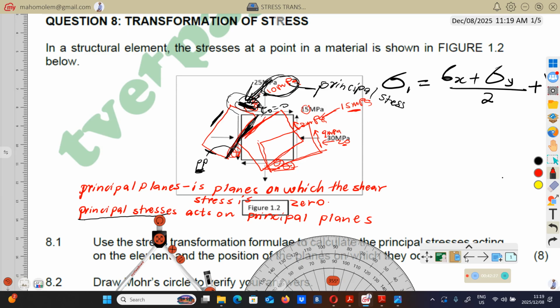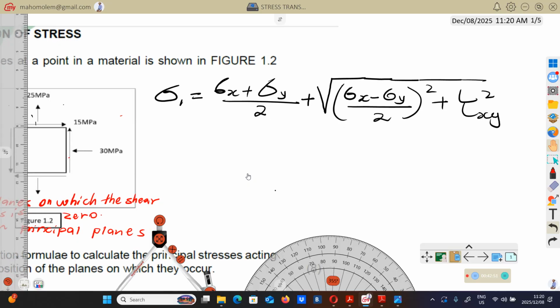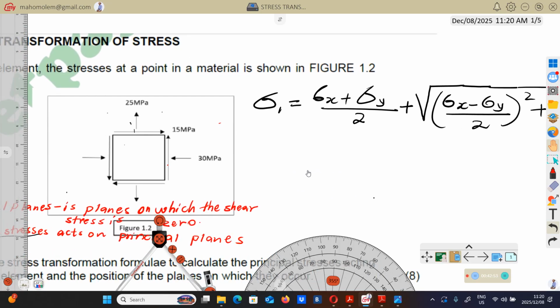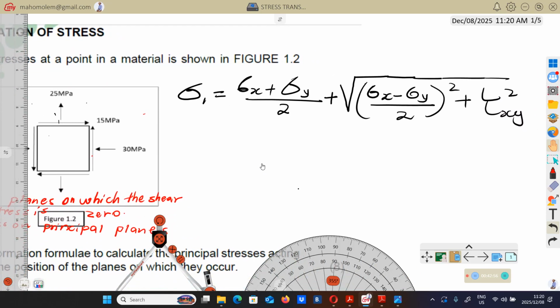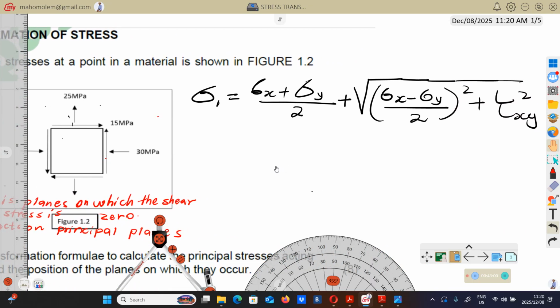So I'm writing this formula down. I've just copied that formula there. Then I'm going to substitute all these values, which we're going to get from this element here.